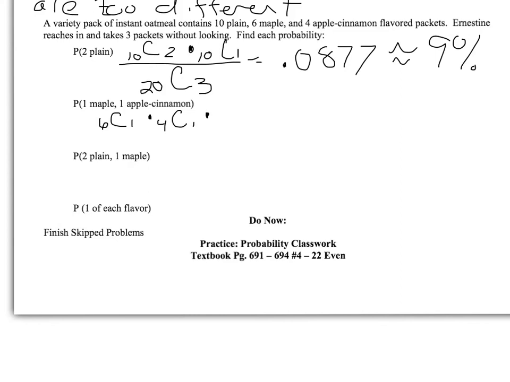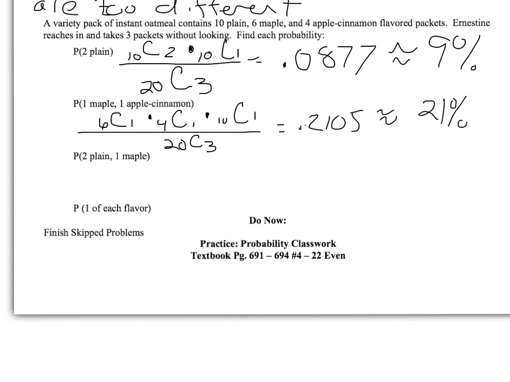And then I don't want any more maples or apple cinnamon, so I have 10 plains, and I want to choose 1 of them, and then 20 choose 3. And you type that in your calculator, and you get 0.2105. So that's about 21%. I'm going to leave you guys with the last 2 to try.